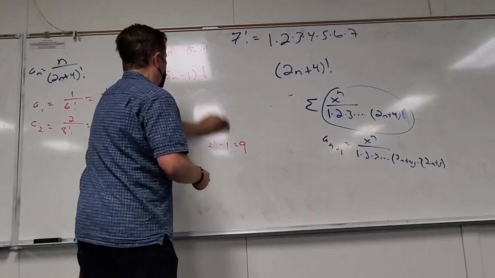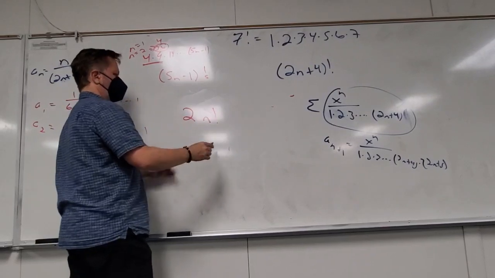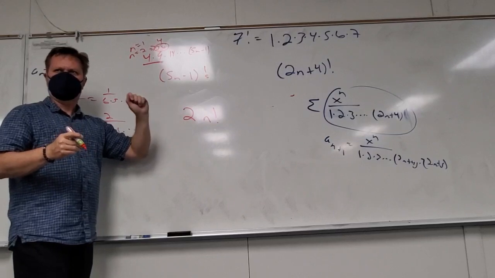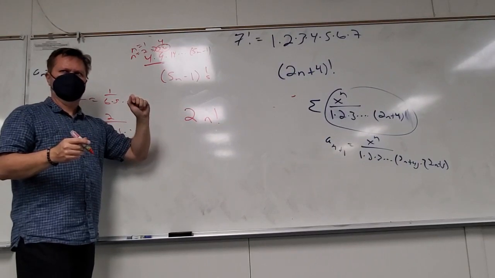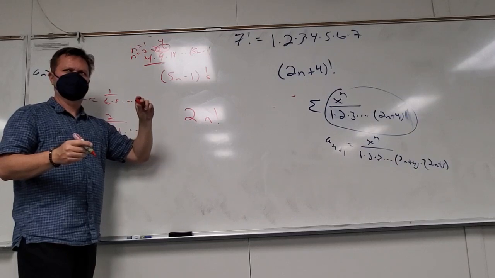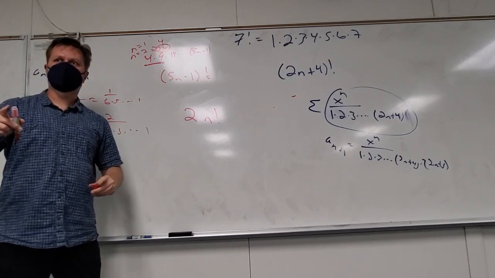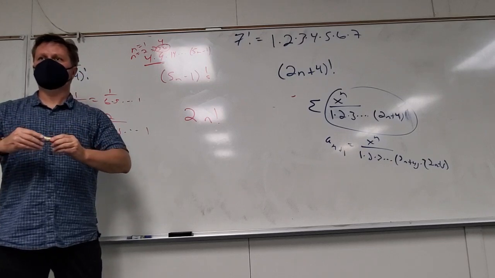So again, if you just did this, this is like 2 times n factorial. Well, I'm not sure if there'd be a difference, because 2n factorial is different than 2 times n factorial in parentheses. Totally true. But it doesn't do what you want it to. Okay. Yeah. But again, you can play around with it if you want to.